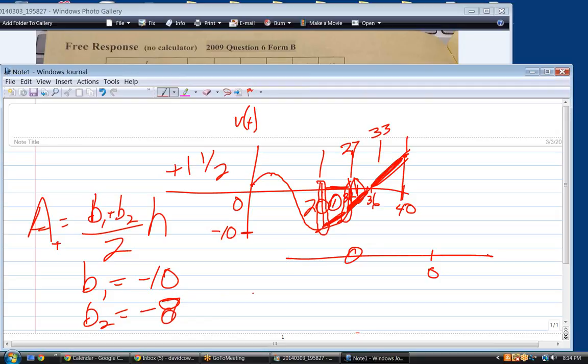Well, the area of trapezoid number 1, if I estimate this height as minus 8, the average base is minus 9, the distance from 20 to 27 is 7, so that has an approximate area of minus 63 for 1.